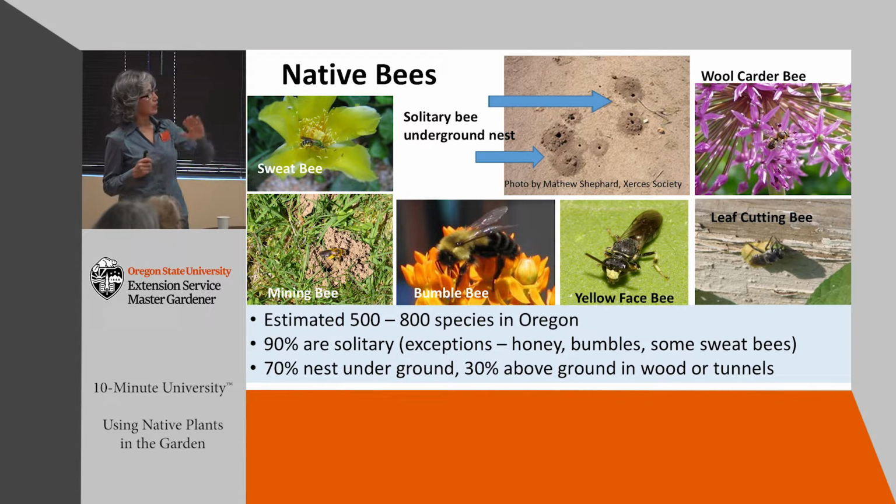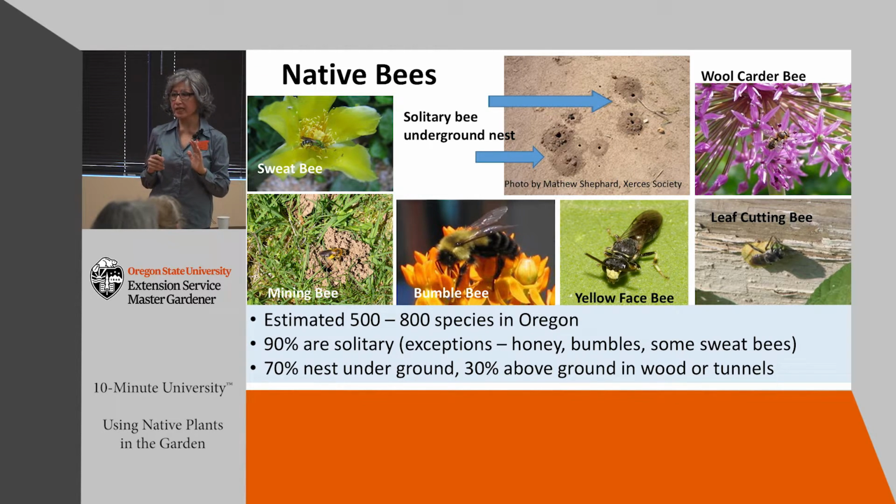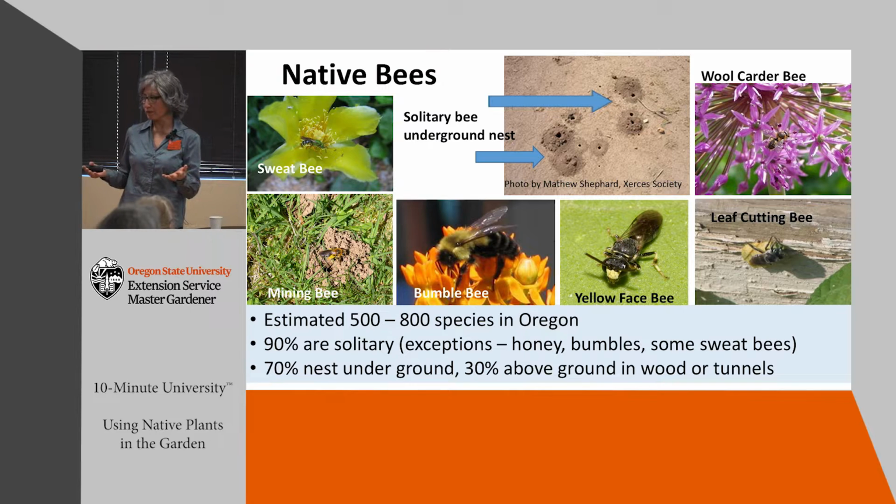So this is a gallery of some of the native bees that are likely to be in our gardens, but we don't recognize them. There are many small ones that might have been mistaken for gnats. Some might have been mistaken for flies. Most of us probably recognize bumblebees because they are big and loud.